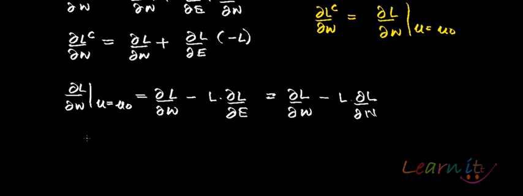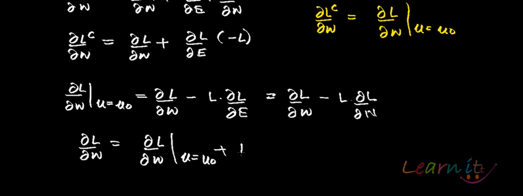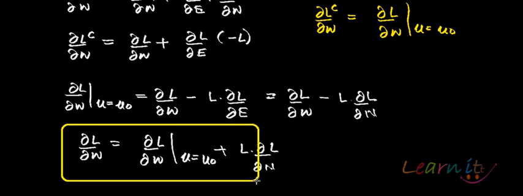So what you can write is del L by del W is equal to del L by del W with U constant plus L into del L by del N. You've just taken this to the other side and you've got this. This is the Slutsky equation for labor supply functions.